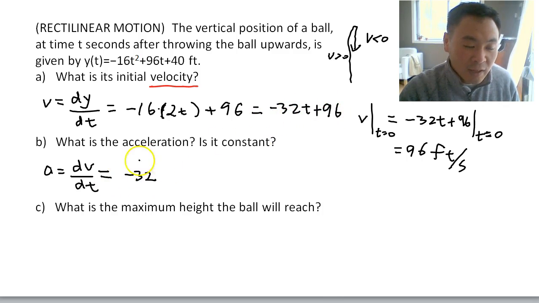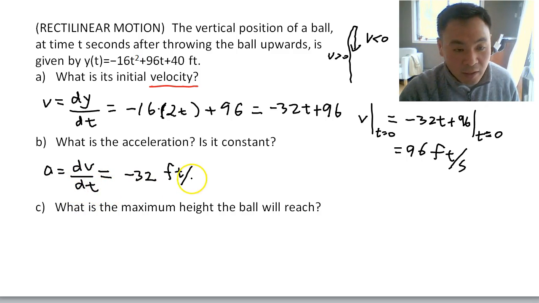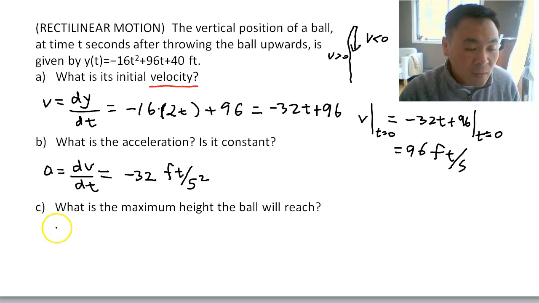So you only get -32, so acceleration is -32. And since velocity has a unit of feet per second, and you're dividing this again by another second, the unit is feet per second squared.